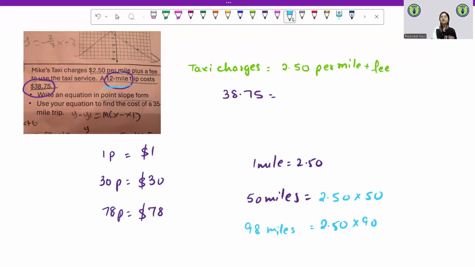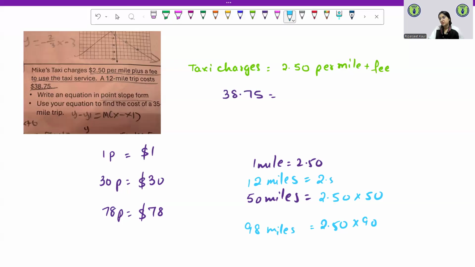If the cost is $2.50 for 1 mile, what is the cost for 12 miles? Per mile cost is $2.50. The cost of 12 miles is what? I don't want the answer, just what is the procedure? 12 times 2.50.